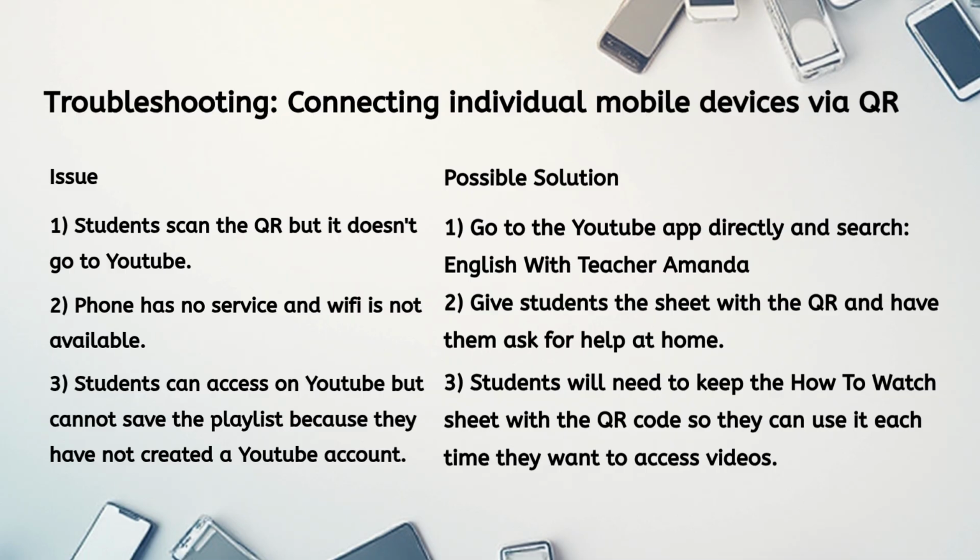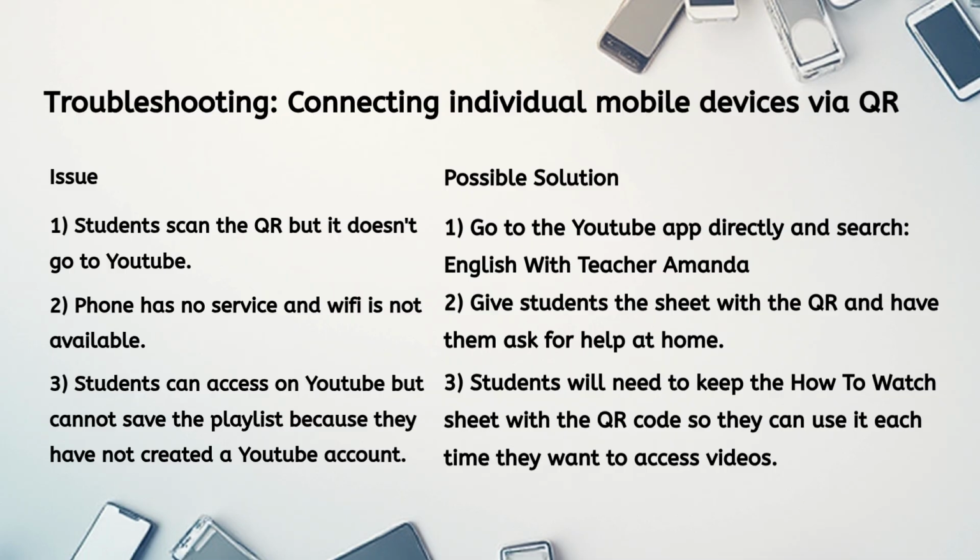So, what are some issues that come up? Well, individual mobile devices. If I ask them to take their phone out and scan a QR code, that can create some issues, such as students scanning the QR code but it doesn't go to YouTube. A possible solution: go to the YouTube app itself and have them type in English with Teacher Amanda.